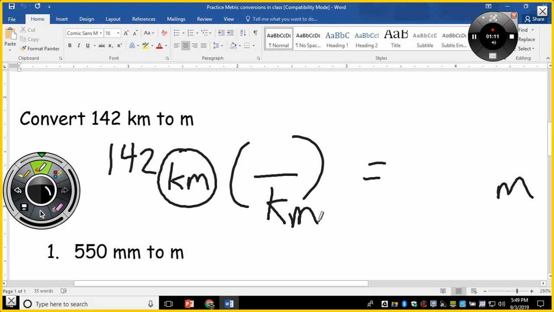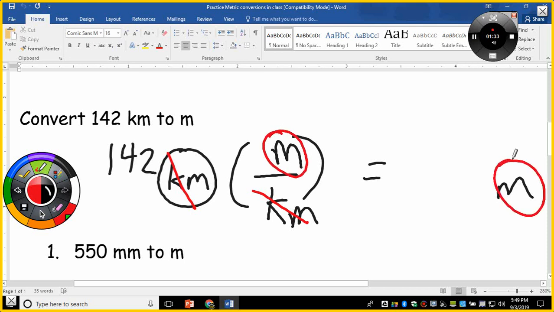My new unit, the unit I want to end with, goes on top, meter. And this is set up, as you remember from my other tutorial, so that these things can cross-cancel. So, for instance, the kilometers would cancel with the kilometers, and it would leave you solely with the unit that you're looking for, meters.